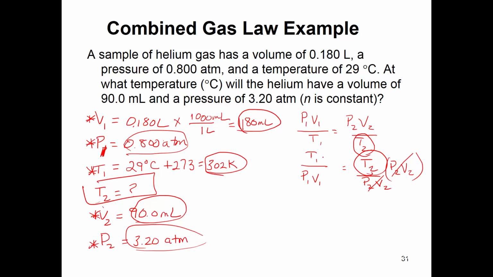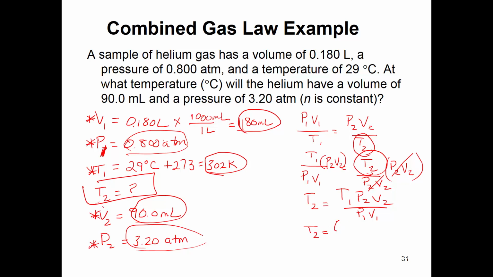That's going to give me T2 equals T1 P2 V2 over P1 V1. See, got to be super careful with these because a lot of times it's easy to get ones and twos mixed up.